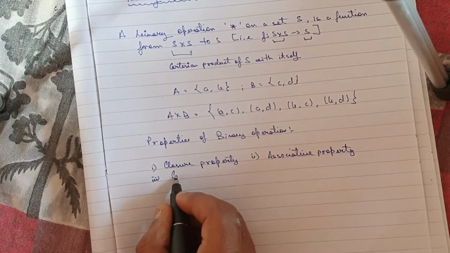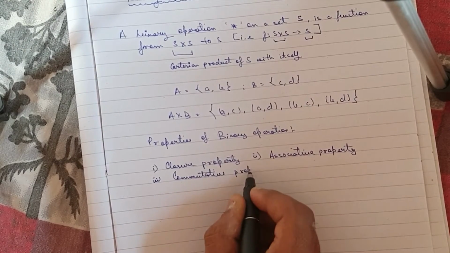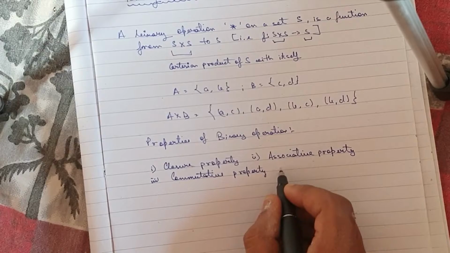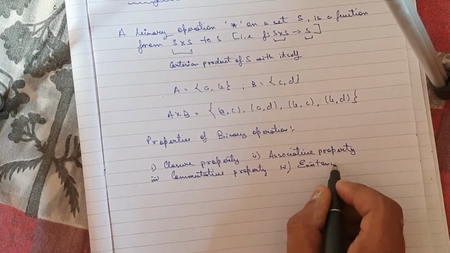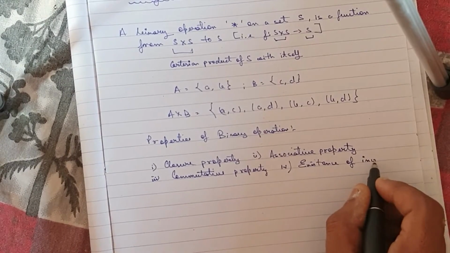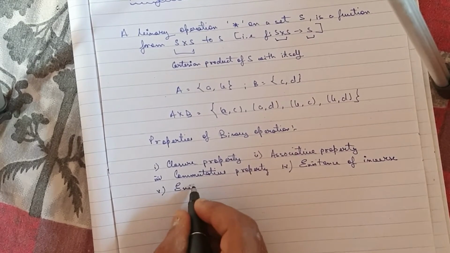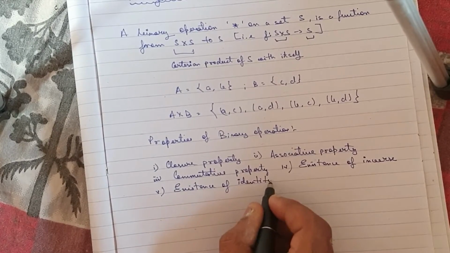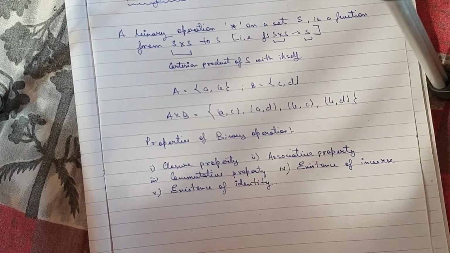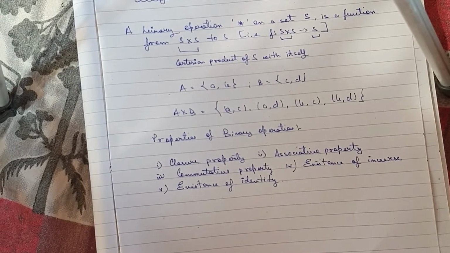Then you have your commutativity or commutative property. Then you have your existence of inverse, existence of identity. Existence of inverse and existence of identity. So these all are the basic properties of what we call a binary composition.